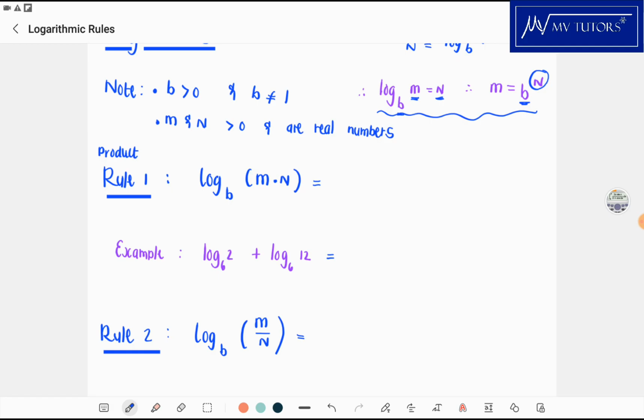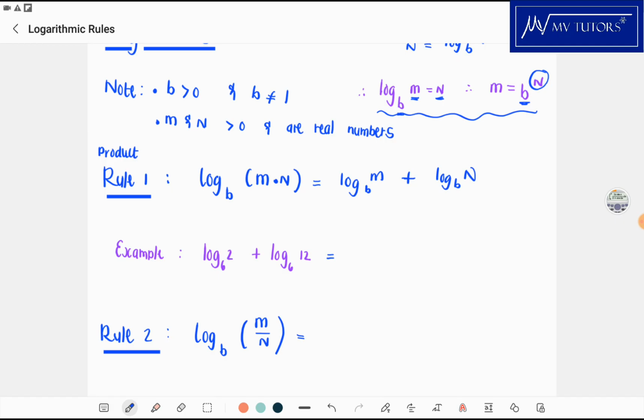So basically it would be log m base b plus log n base b. Okay, and that's how you do it.